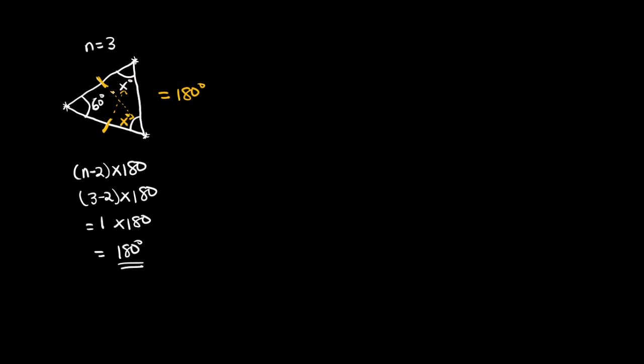So I have 60 degrees, plus the first x, plus the second x, which we got from the deduction that these two lines imply the two angles are the same, and we equate everything to 180. So we still have our 60, plus x and x gives 2x, and this is equal to 180.